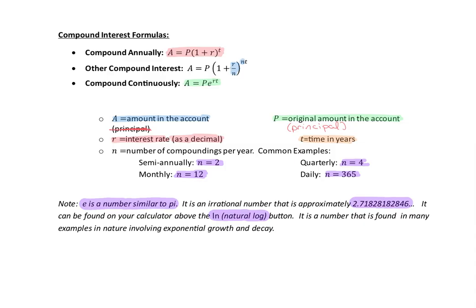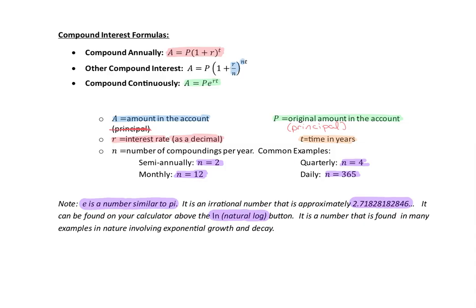Unlike pi, where we are required to memorize at least the first 3.14, we are not going to be required to remember E at all. And I will tell you that, me personally, I know that it's 2 point something. That's it. Okay.